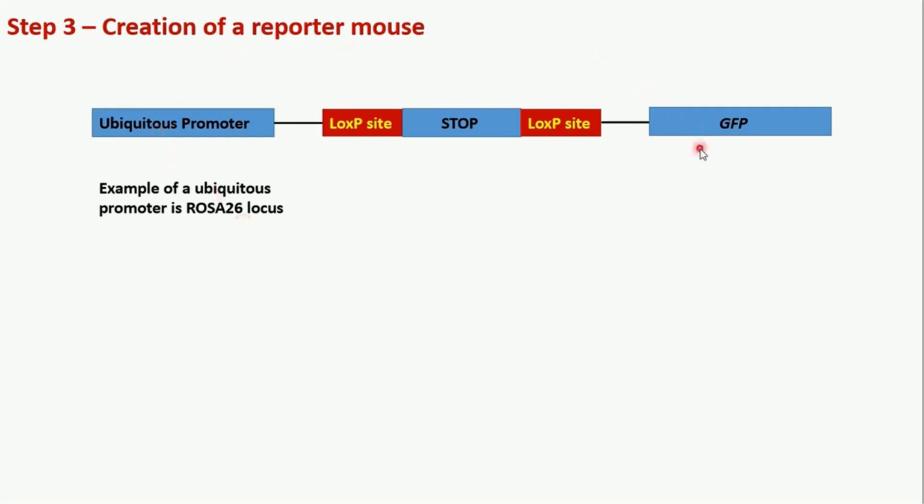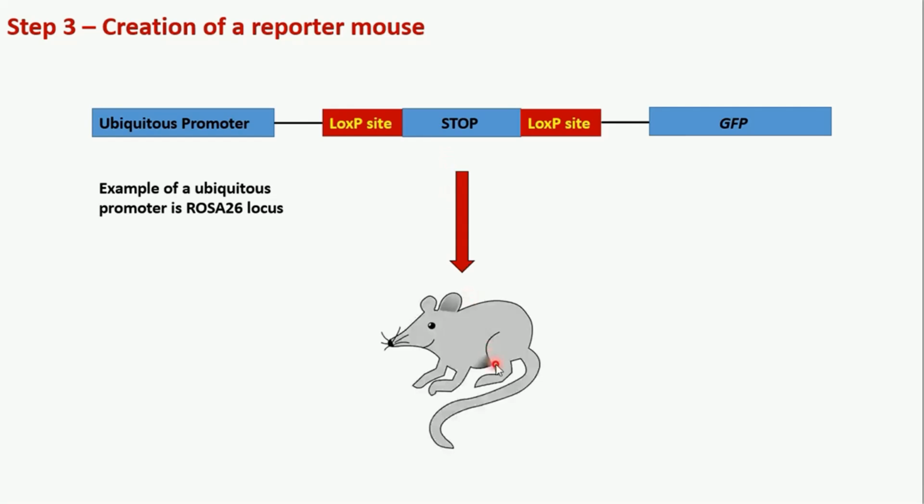Now, by using this DNA and mouse making techniques, we will create a mouse in which each cell has this DNA sequence, where the ubiquitous promoter is followed by a stop sequence flanked by LoxP sites and finally a reporter gene.